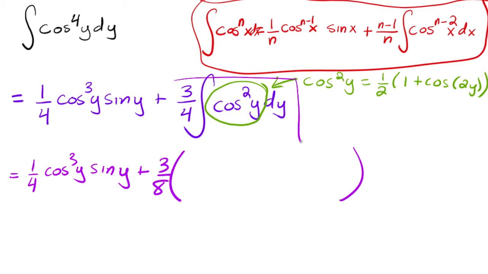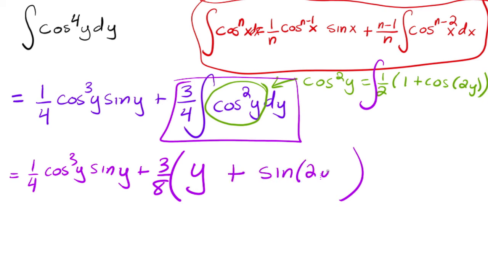Okay, and then here, instead of rewriting the whole thing, I'll just put right here, this is going to be the integral of this. The 1/2, I already built it in right here, but the antiderivative of 1 is just going to be y. And then the antiderivative of cosine of 2y, that's simply a positive sine of 2y over 2.